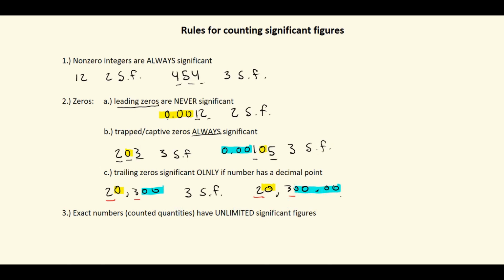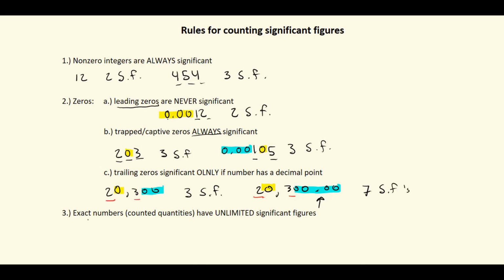And then we notice that this number does have a decimal point, so we know that in this case, these trailing zeros are significant. So this number has 1, 2, 3, and then 4 trailing zeros, so we have 7 significant figures altogether.